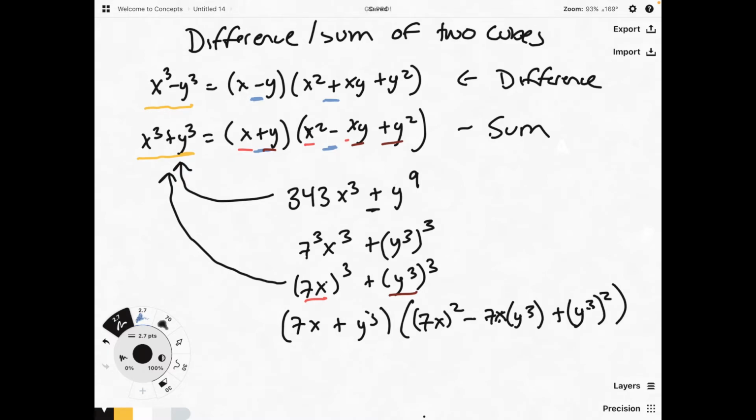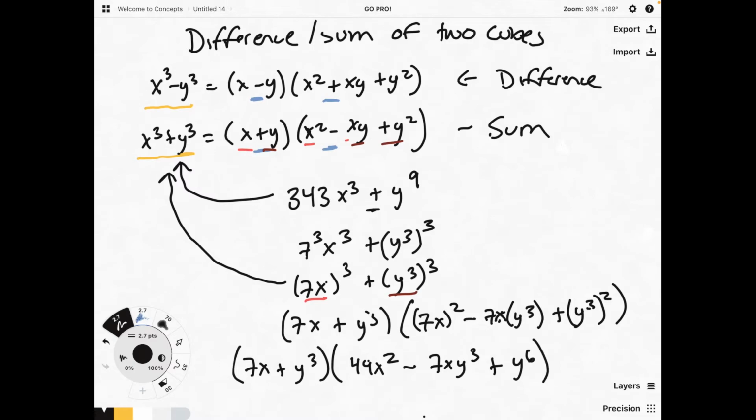Now we need to simplify, and we have 7x plus y cubed multiplied by 49x squared minus 7xy cubed plus y to the 6th.